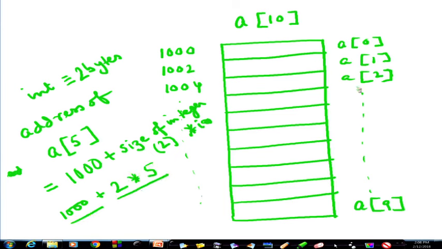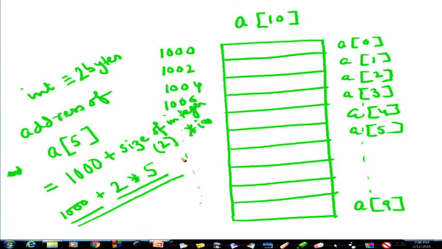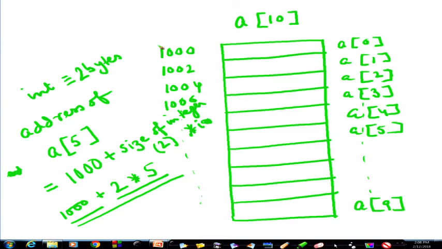So, A0, A1, A3 will be 1006, A4 will be 1008 and A5 will be 1010. Since it is contiguous, it is sufficient for me to know the starting address of the array.